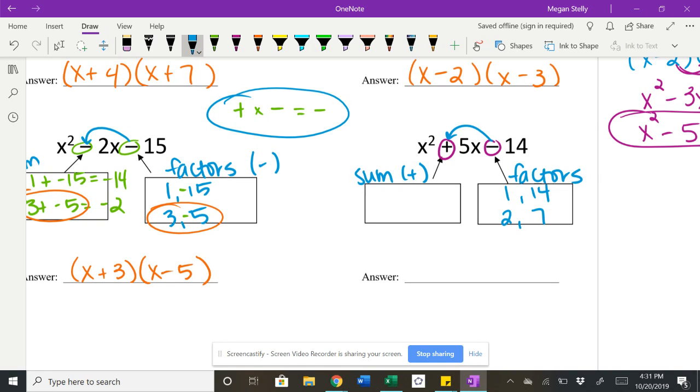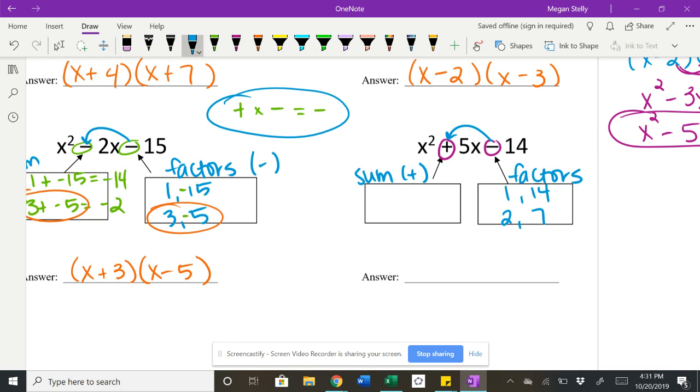So if you're having trouble with the concept of positives and negatives adding together, one, you can always use your calculator to help you. But another thing you can do is put it in terms of money. For example, if I have $20, but I owe someone $10, I have a bigger positive number because I have $20, and I have a smaller negative number.